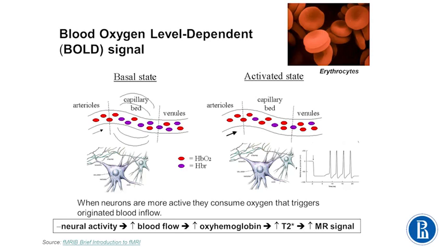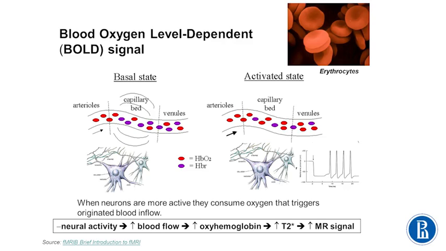So overall, functional magnetic resonance imaging detects the BOLD signal, the blood oxygen level dependent signal. When our neurons are active, when they produce a lot of action potentials, they need a lot of energy. So activity of the neurons triggers an inflow of blood to this region, an inflow of oxygenated hemoglobin.